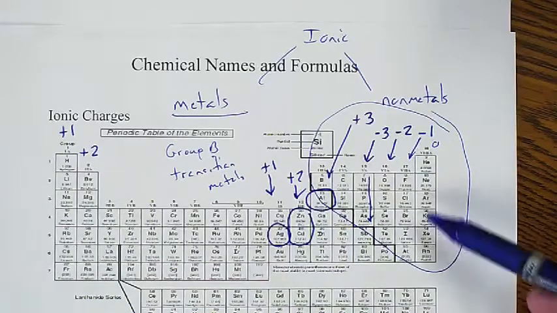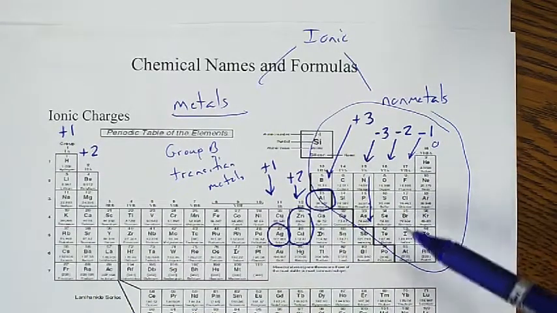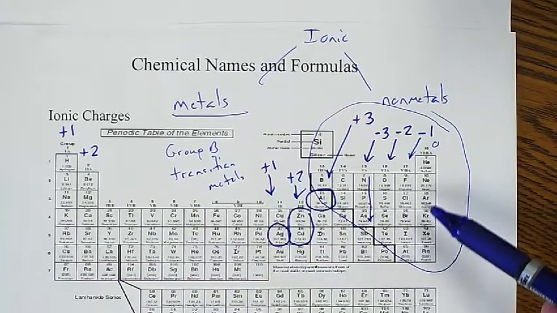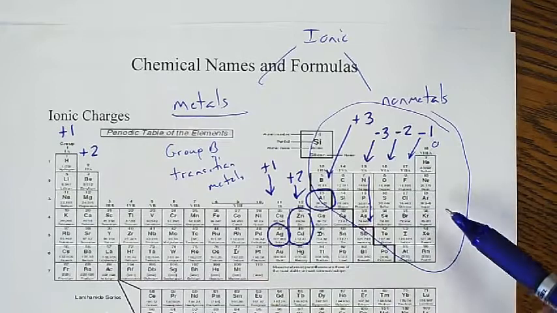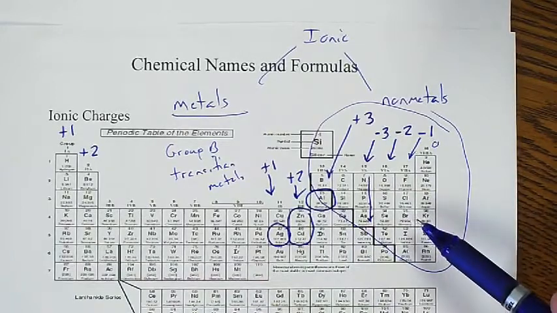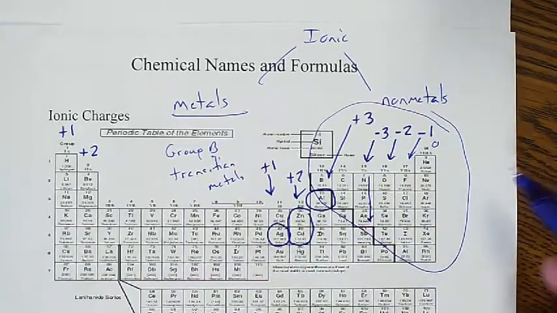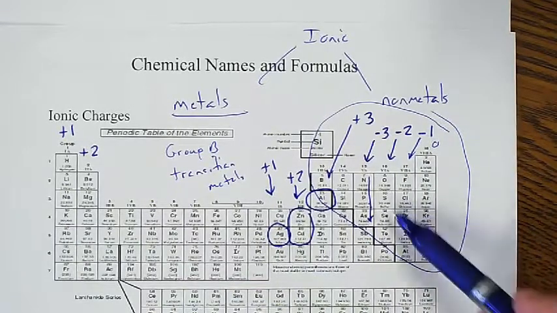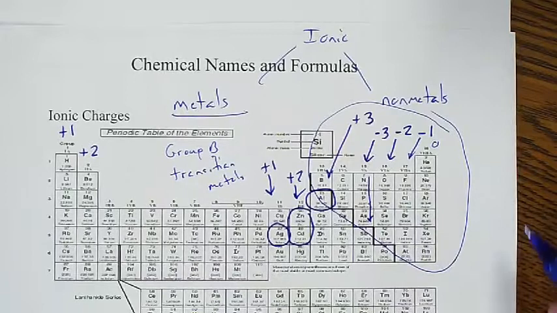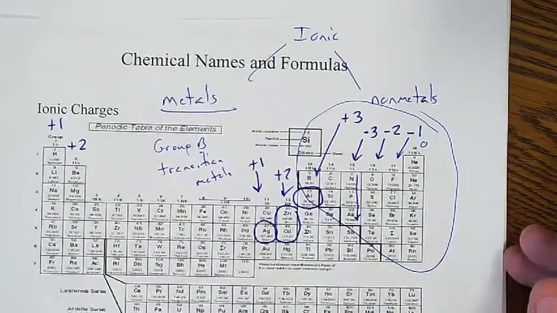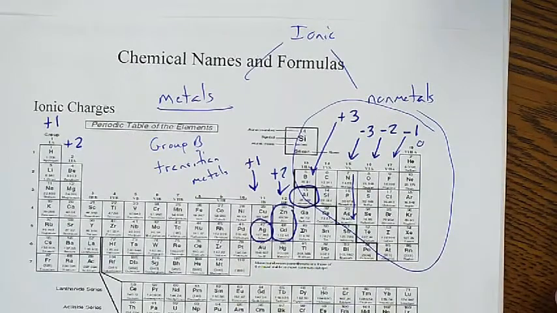But what happens with nonmetals, they can combine with each other, but one doesn't give electrons to the other. You cannot use their charges to determine how they go together because they're sharing electrons, and they can share 1, 2, or 3 pairs of electrons. So you can have many different compounds associated with them, and that's not the case when you're talking about metals and nonmetals.